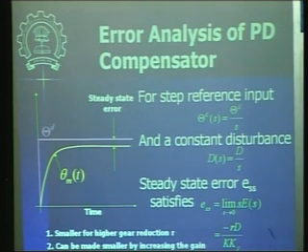Now this error is smaller for higher gear reduction. The higher the gear reduction, the smaller the error. Another thing you observe here is that it can be made small by increasing the gains. So as you go on increasing the gains of PD control, you go on reducing the error.